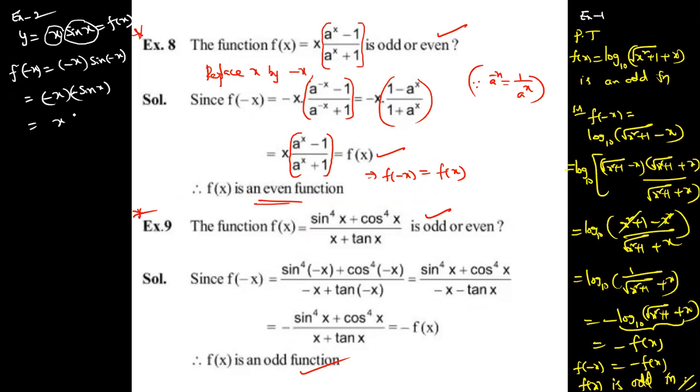Minus and minus plus. So x into sin x, this is f of x. F of minus x is equal to f of x means f of x is an even function. Right. Good.